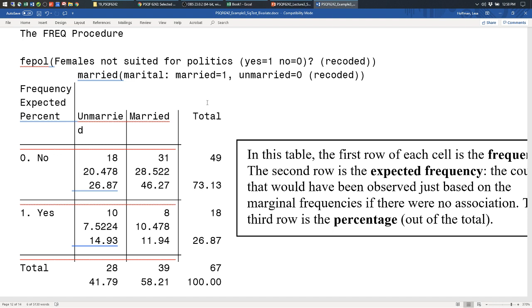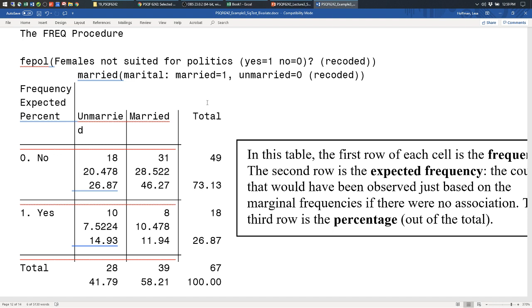And whether or not they're married. I thought there might be a relationship there. Let's find out. So there are 49 people who are okay with women in politics, 18 people who said nope, and there are 28 people who are unmarried and 39 people who are married.